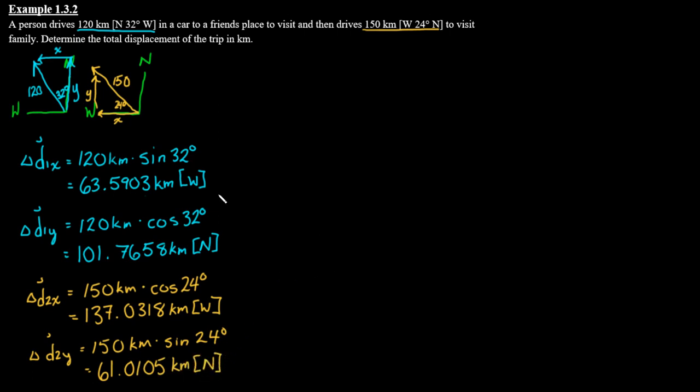Now remember, to get that total displacement, you're allowed to add x components to x components and y components to y components. So for the total displacement in the x direction, we're simply going to take displacement 1 in the x direction and add displacement 2 in the x direction.